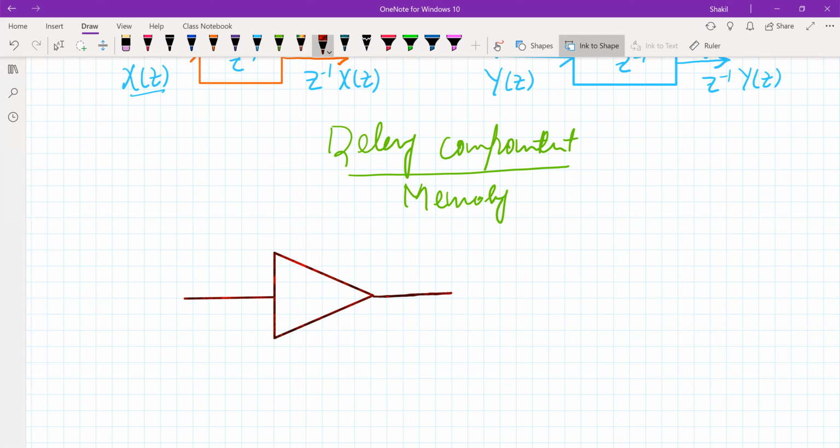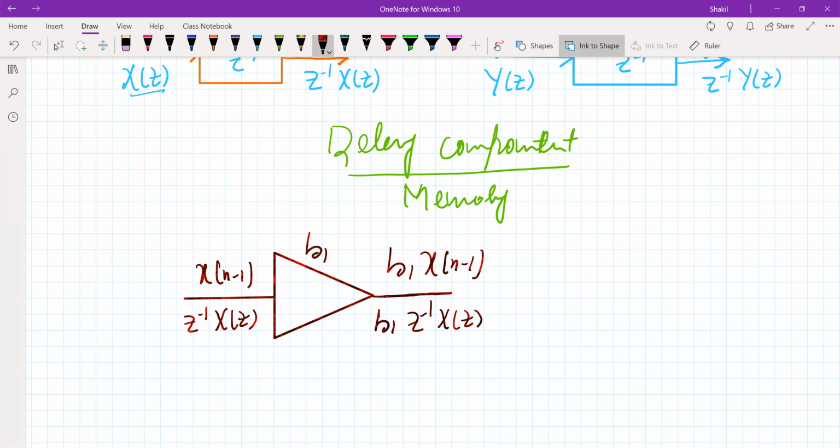Now, if the input is x of n minus 1, let me use b because we have used b coefficients with the input. Suppose the multiplier is b1, so the output will be b1 x of n minus 1. In the same way, if the input is z inverse x of z, the output in the frequency domain will be b1 z inverse x of z. So this is in terms of input.